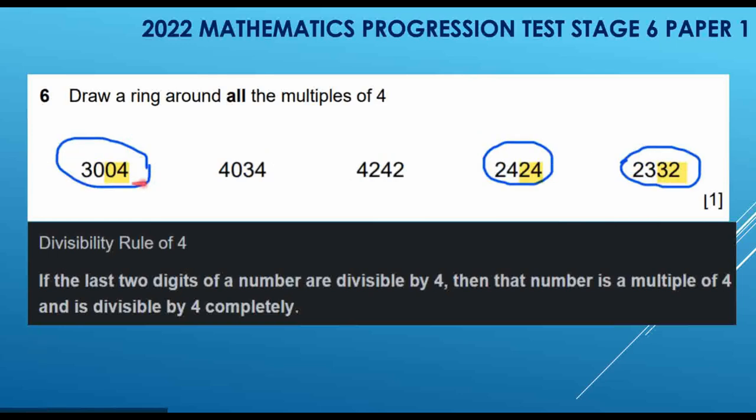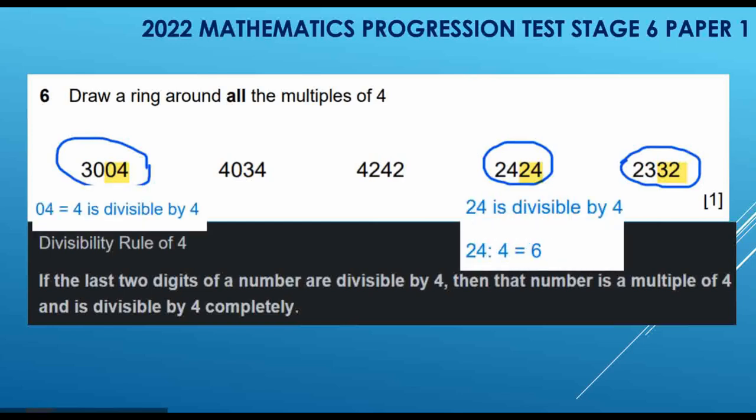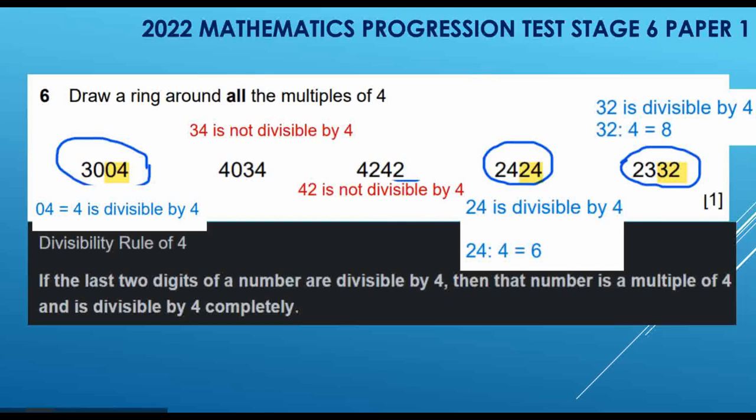The numbers are 3004, 3034, 2442, 2424, 2332. The last 2 digits of 3004 are 04, which is divisible by 4. 24 is divisible by 4, and 32 is divisible by 4, while 34 is not divisible by 4, and 42 is not divisible by 4 either.